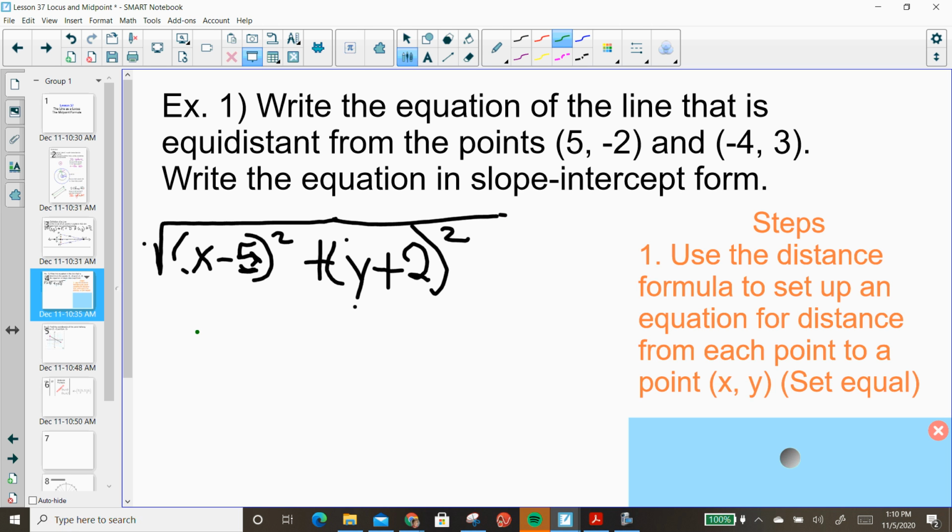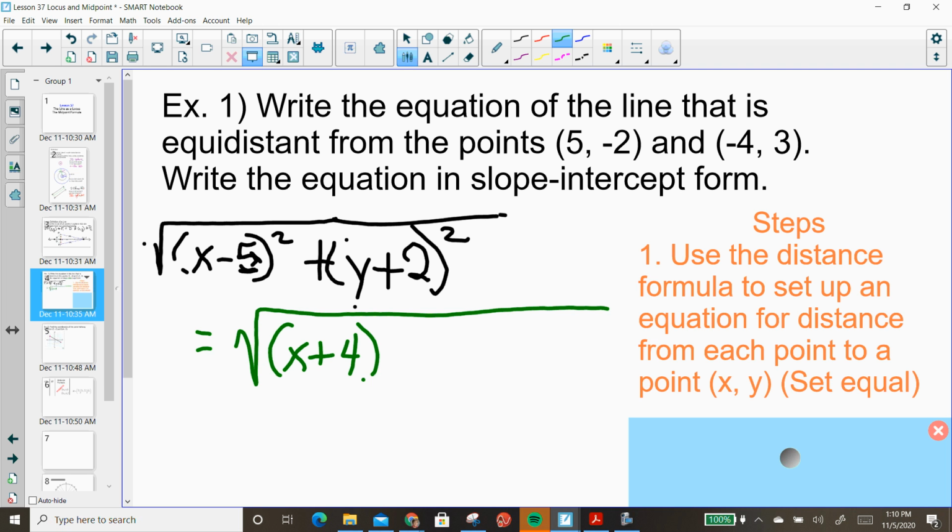Then I am going to take the distance from xy to the other point. So the distance from xy to negative 4, 3 is x minus the negative 4, so x plus 4 squared plus y minus 3 squared.